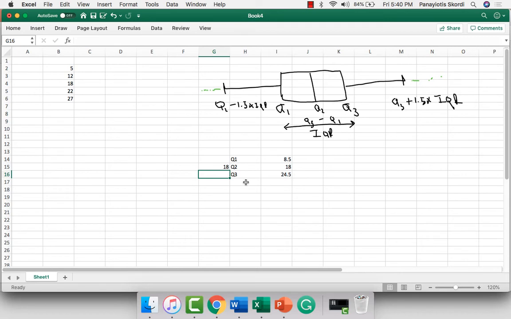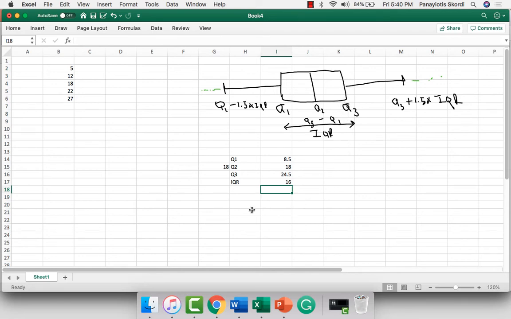Well, we can work out the lower limit and the upper limit. And to do that, we're going to need the interquartile range. The interquartile range is just going to be equal to Q3 minus Q1. So the interquartile range, that distance in there, is 16.